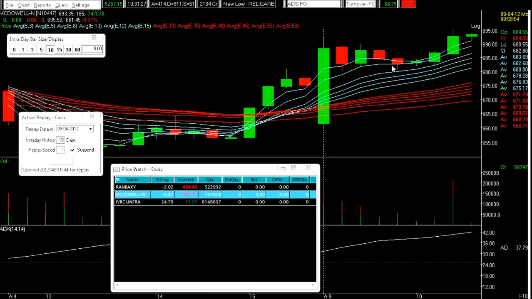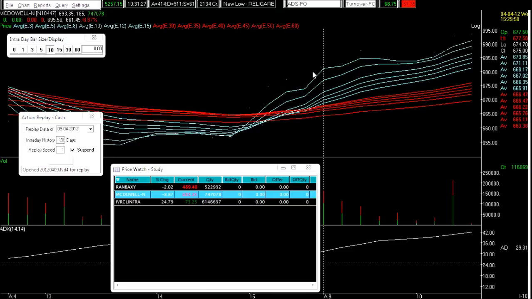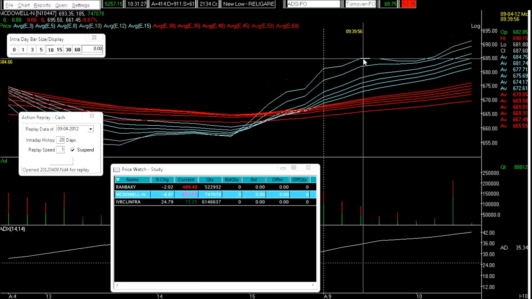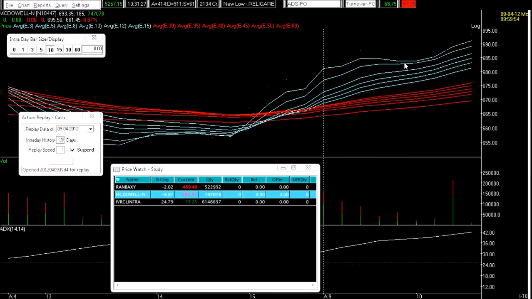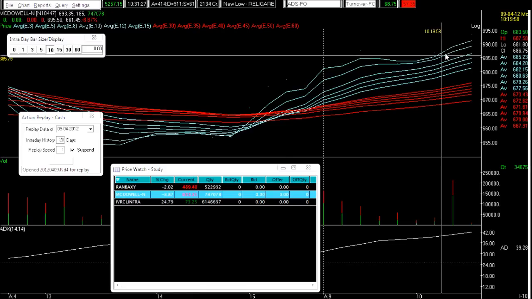The stock pulled back to about this level, and after a pullback I need to see the rising blue lines. If you notice, this topmost blue line started to move south, and it came very close to the second line, but after about this level this line has started to rise again.